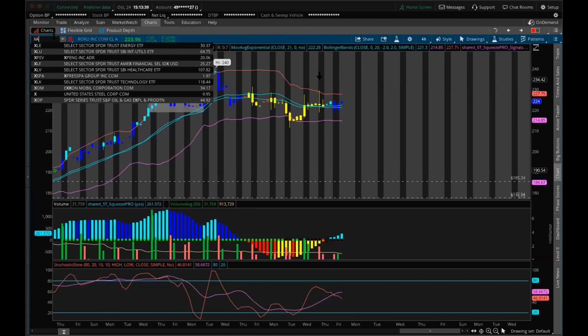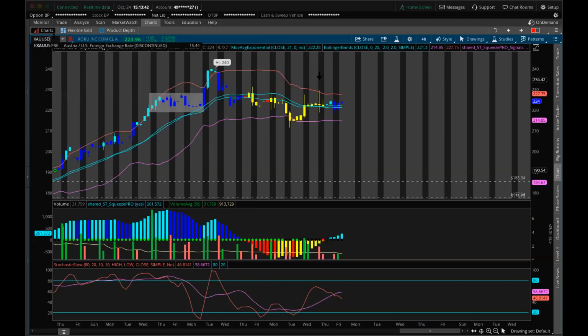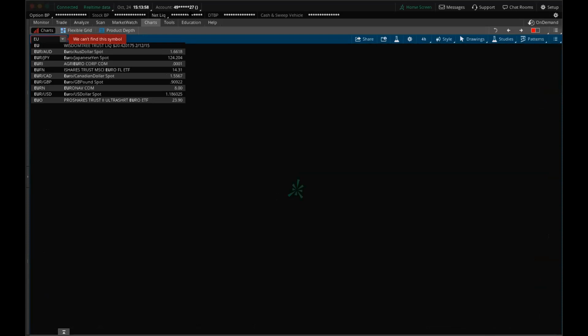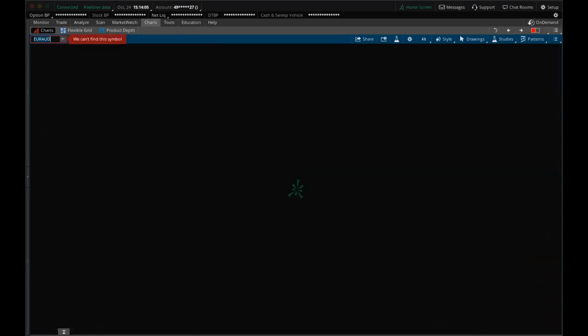So I actually have not looked at using the Squeeze Pro on Forex, but the squeeze works the same. Yeah, so if you want to do this with Forex, it looks like you're going to need your brokerage account to be able to trade Forex. That way you'll be able to put in these tickers, because they're not pulling up on Thinkorswim.